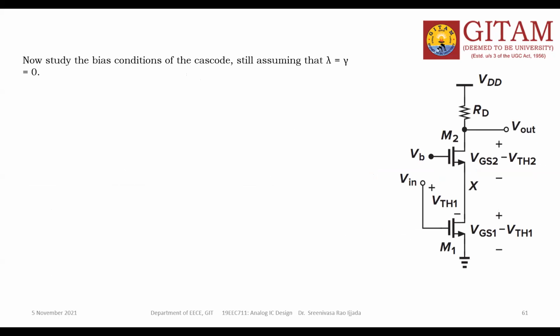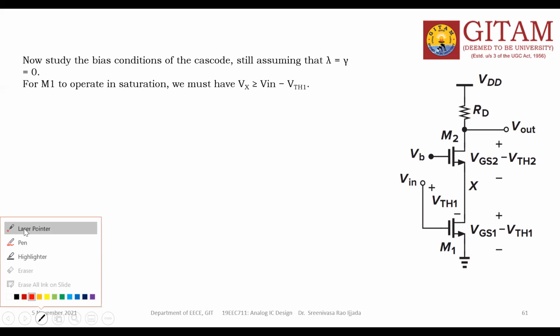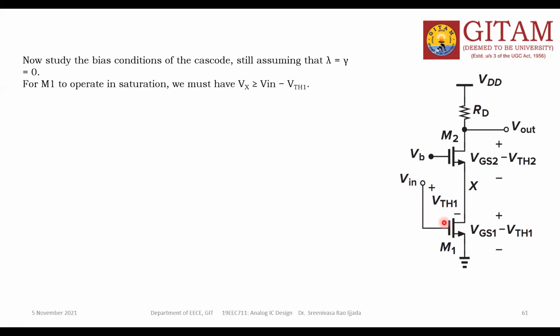The next one. Now study the bias conditions of the cascode. Bias voltages means what are the voltages across each and every terminal. This is the M1 device, whose gate carries the input voltage, and this is the drain.